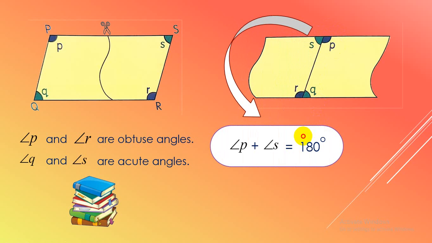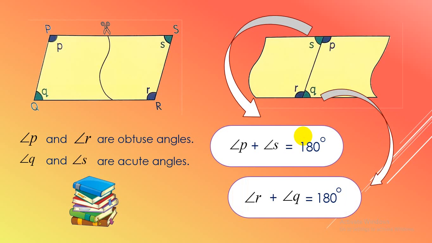And angle R and Q add up to 180 degrees. Easy, right? Each pair of angles between two parallel sides of a parallelogram adds up to 180 degrees. So an acute angle and an obtuse angle add up to 180 degrees.